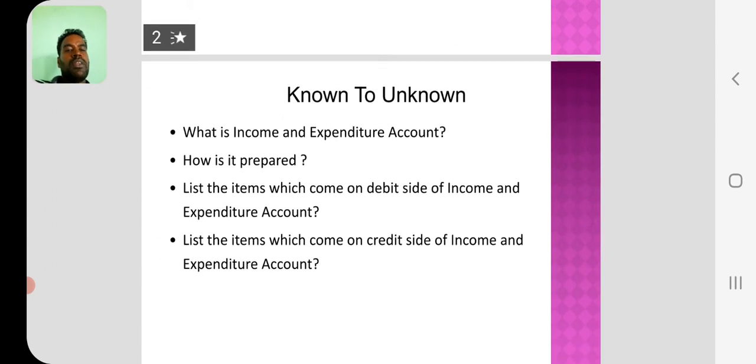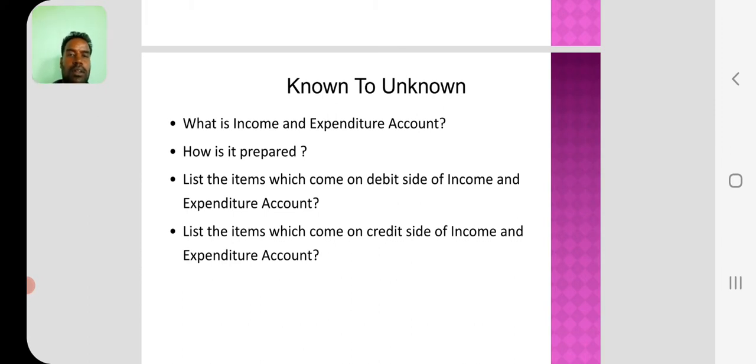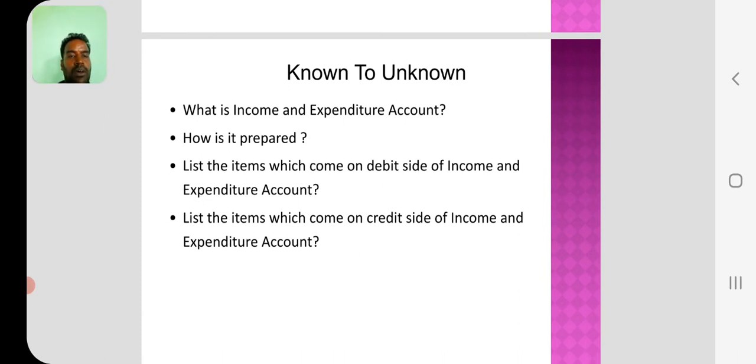What is income and expenditure account? How is it prepared? List the items which come on the debit side of income and expenditure account. List the items which come on the credit side of income and expenditure account.